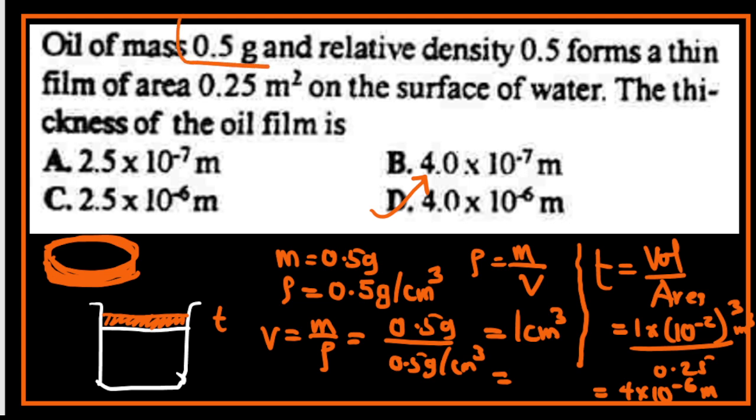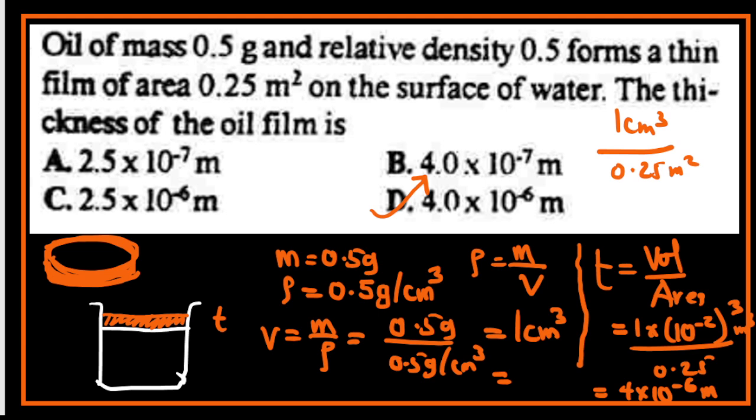From here alone, you can tell that you can get the volume of the object, and based on what you can see, you can use eye inspection to do the volume, like 0.5 divided by 0.5. So that gives you the volume as what? 1 cm cube. And you know that you get your thickness by dividing by your area, 0.25 meter square.